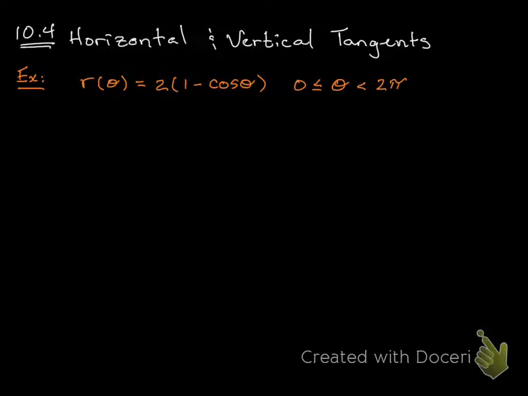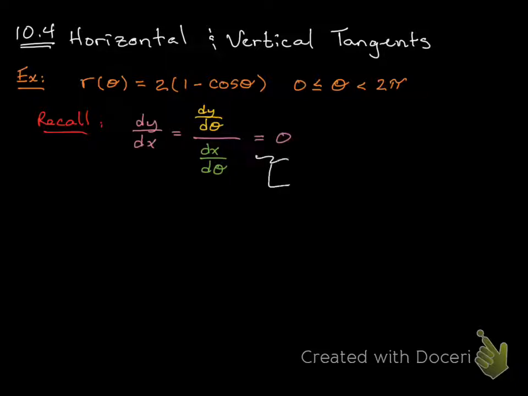And what I need you to recall is that the derivative dy/dx is found by dy/d theta divided by dx/d theta. When we set this equal to 0, we're finding horizontal tangents, right? That's the same as it has been for a while.